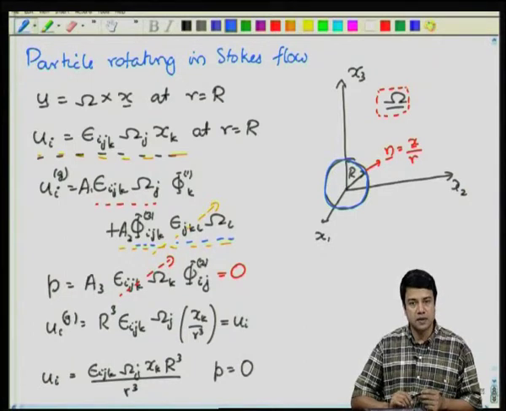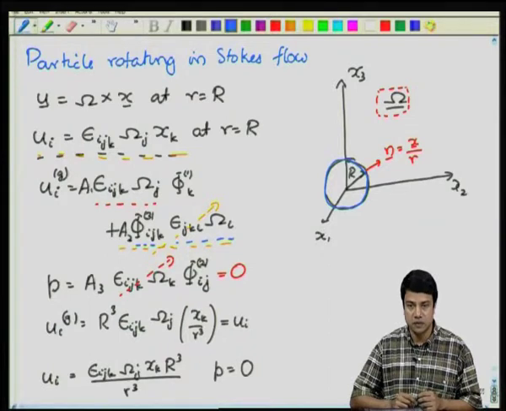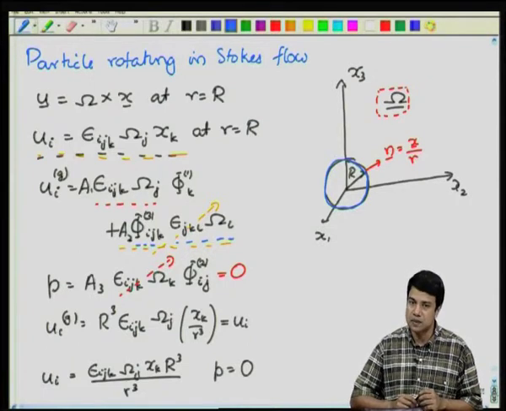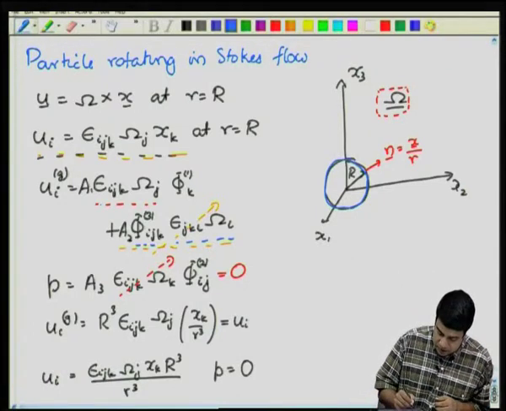It cannot be just a linear function of omega, because omega is a pseudo vector, whereas the velocity itself is a real vector. Therefore, it can only be a linear function of epsilon dot omega. Epsilon is the antisymmetric tensor, and epsilon dot omega gives you a second order tensor, because epsilon is third order and omega is a first order vector. So, therefore, we had taken a general solution that had three components.